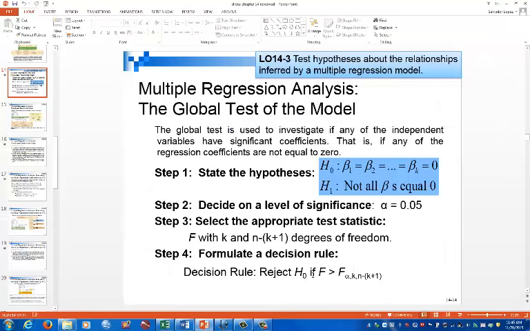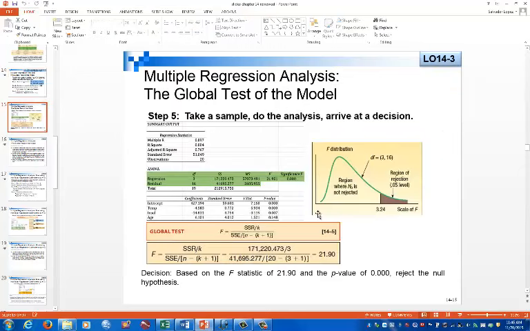All right, which is this value here. This is highlighted in green here, the same thing I just showed you. And the F statistic is the ratio of these two numbers, which is 21.901.